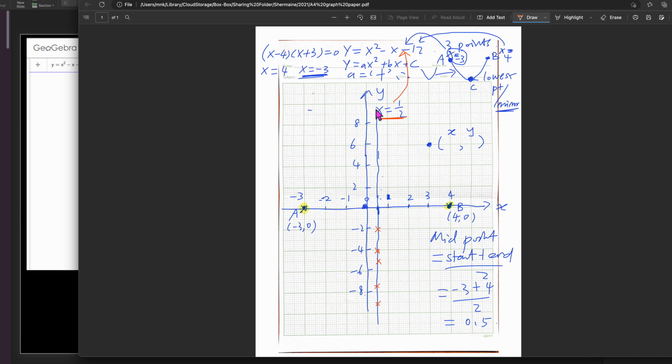I think you need to bracket the half here, otherwise your square will square the 1 only. Still the same. So give me a decimal number. Negative 12.25. So when x is equal to half, y is equal to negative 12.25.